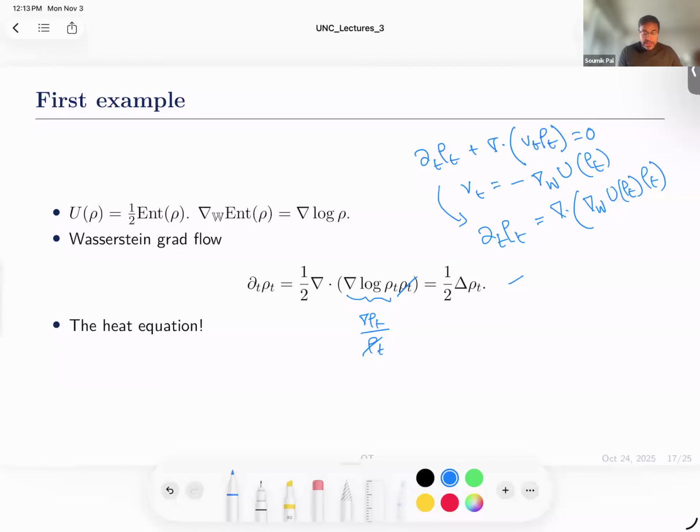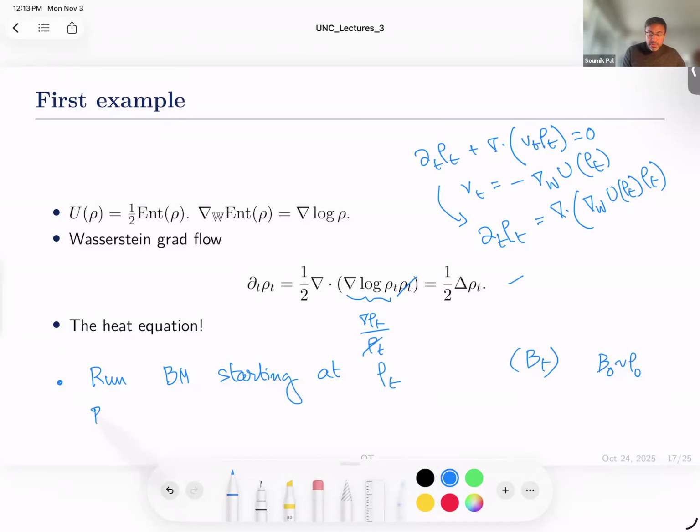But for probabilists, the definition of the heat equation that makes more sense is this: if I run my Brownian motion starting with initial ρ_0, so I have my B_t, this is my Brownian motion, where B_0 is coming from ρ_0.